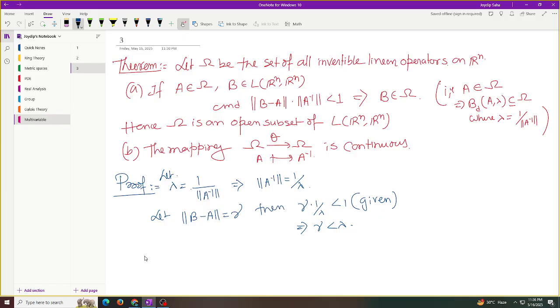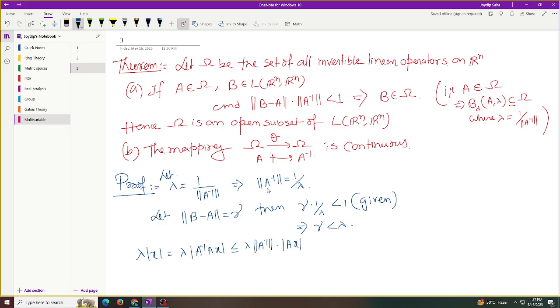Now lambda into norm x, what is this? Lambda is 1 by norm A inverse. I can write norm x, which is norm A inverse A x, lesser equals to norm A inverse times norm A x.